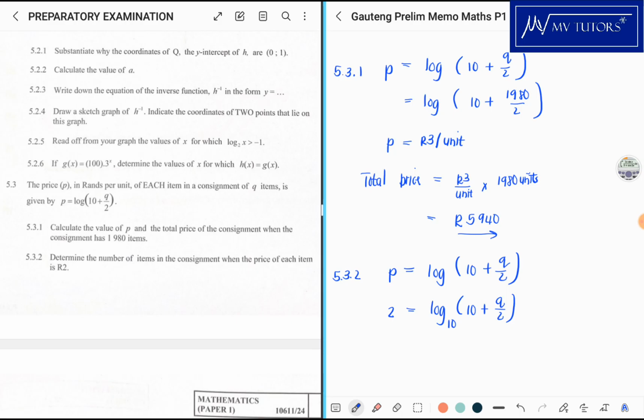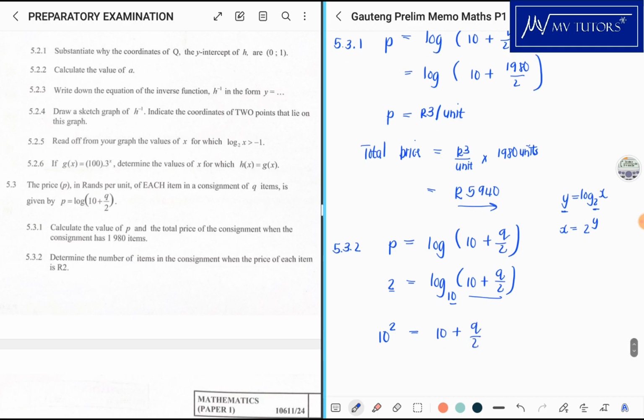So how can we rewrite this? Remember when we have y is equal to log x base 2, what did we have initially? We had x is equal to 2 to the power y. Same thing here: 2 is equal to log base 10 of that. So I take our base, which is 10, and basically 10 to the power 2 is equal to 10 plus Q over 2.